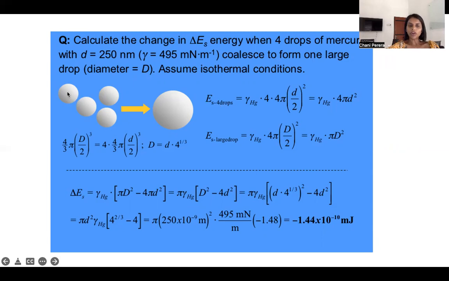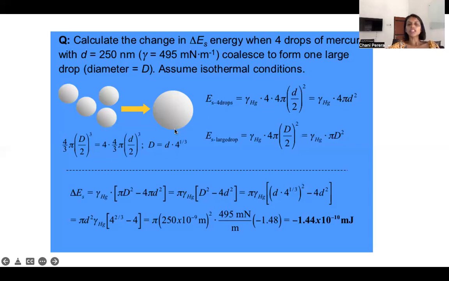You can take 1 drop and calculate the surface area for that drop. You know the diameter, you know the gamma. Then you just have to multiply the surface area by gamma, and you can come up with the surface energy for that particular drop. And then for 4 drops you just have to multiply it by 4, right? So that's what is given here.